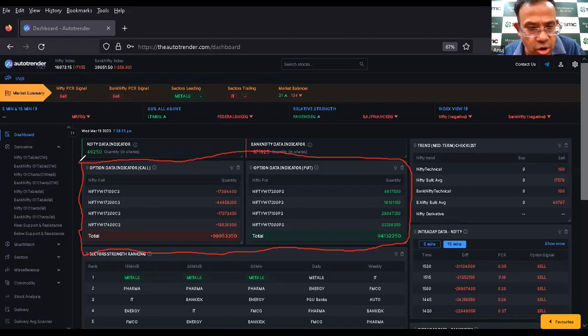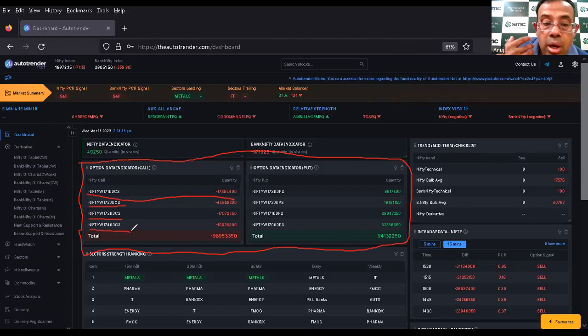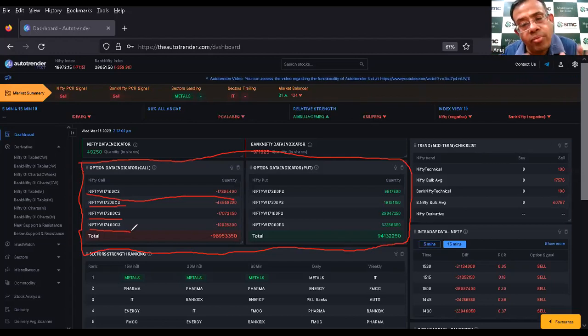So here you can clearly see that money has been withdrawn from 17,100 call option, 17,200 call option, 17,300 call option, and 17,400 call option. So money outflow happened in calls, and it happened throughout the day, right from the beginning.